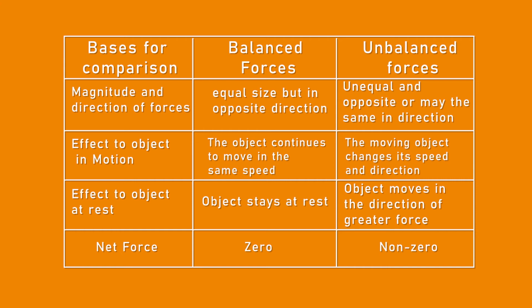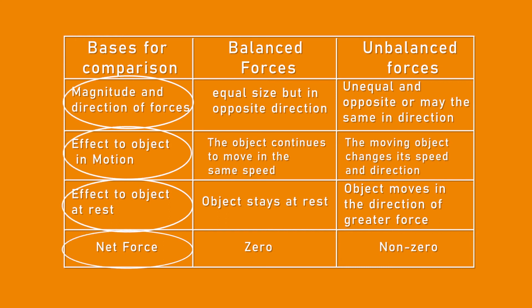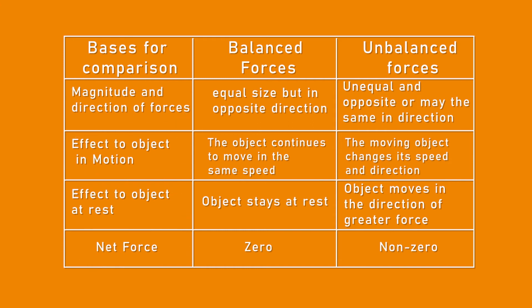For better understanding, please refer to the comparison chart about balanced and unbalanced forces. We have four bases for comparison based on the chart. First is magnitude and direction of forces.